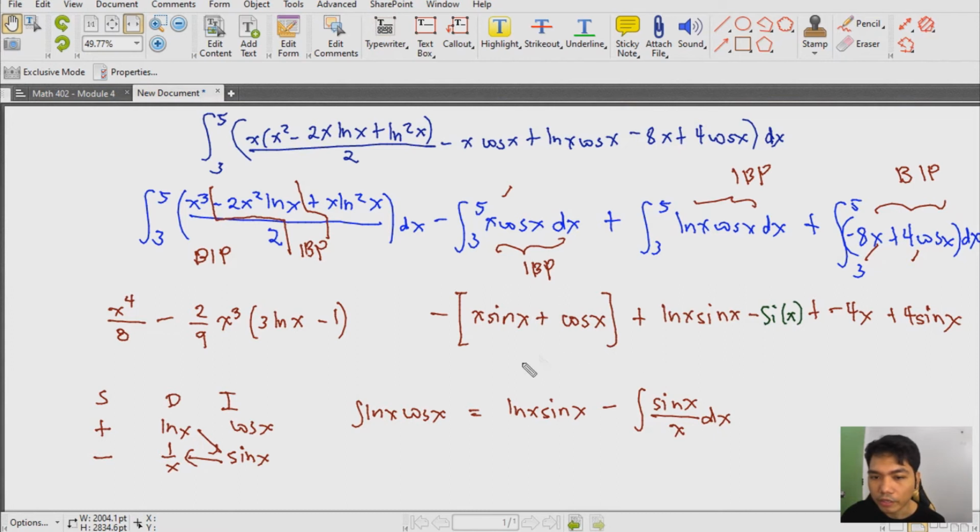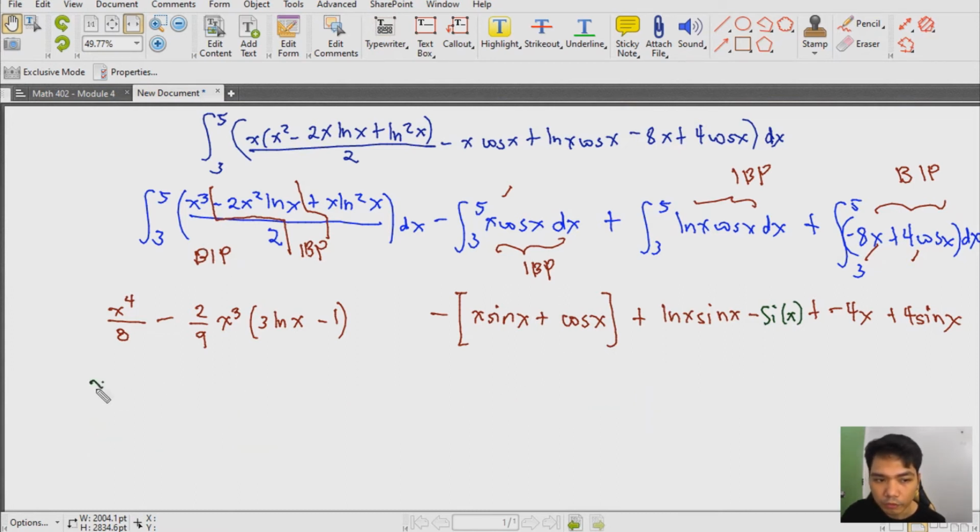The next one is x ln squared x. For x ln squared x, what should we let be the SDI in the table? Remember, our SDI here is the logarithmic function, because if we let the other one be it, we won't finish, since ln squared x is difficult to find its antiderivative. So SDI would be ln squared x, positive, then x, then 2 ln of x over x, and the integral would be x squared over 2.